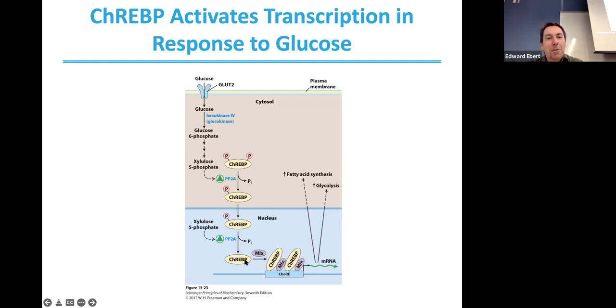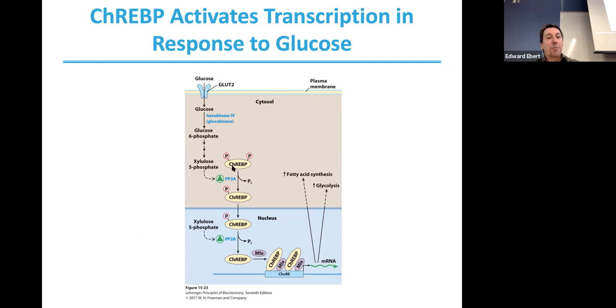Together, they bind to this response element in the DNA, which will affect the transcription levels of proteins involved in fatty acid synthesis or glycolysis. It'll turn both of those on, because if you have lots of glucose, you can store energy through fatty acid synthesis, and of course you want to run it through glycolysis. So this is our detailed step-by-step of how we actually do the transcription.